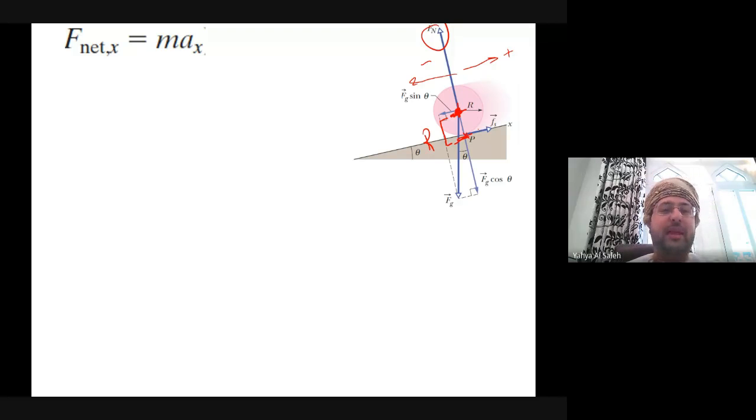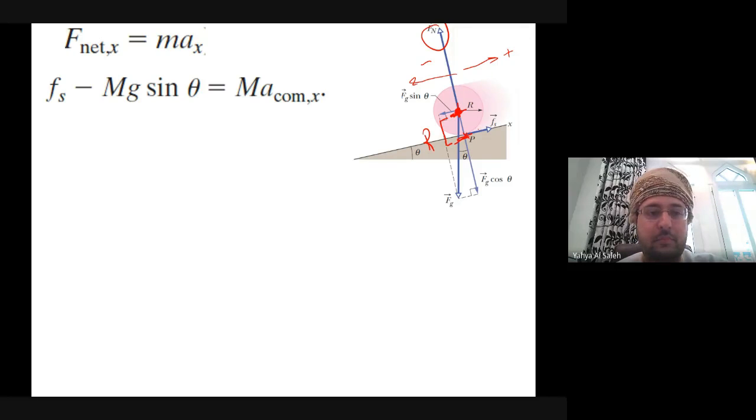F net equals MA. F minus mg sine theta equals MA. Torque equals I alpha.